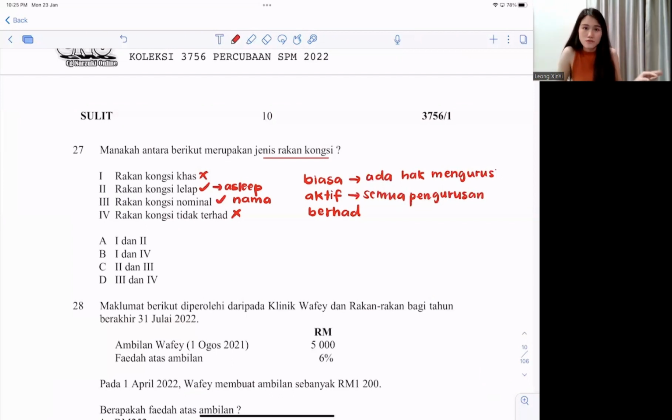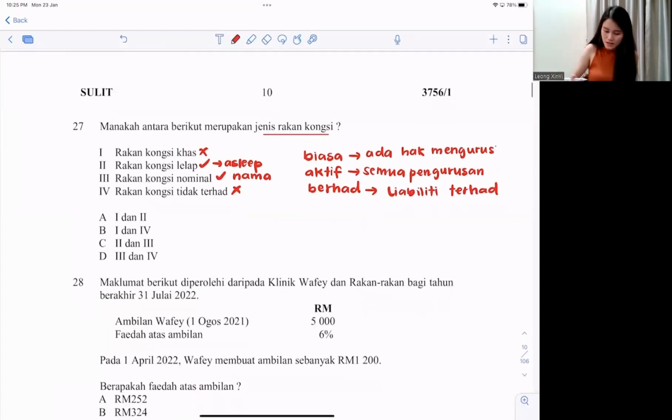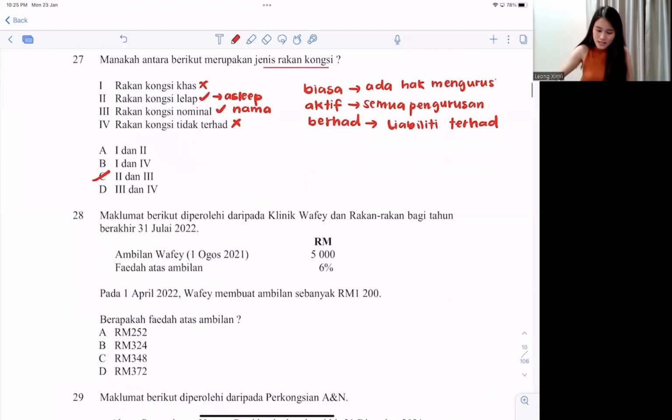It's not a must for them. But active is different. Active must do it no matter what. While berhad is on liability terhad. Okay, so that is their differences. All right, so the answer would be 2 and 3, C. Let's move on. Question 28.